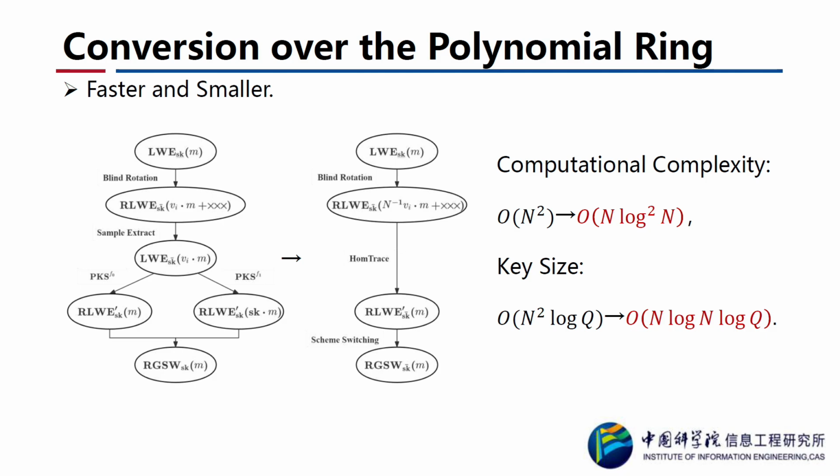As a result, the conversion over the polynomial ring can make the circuit bootstrapping faster and smaller. We can reduce the computational complexity of circuit bootstrapping from O(n²) to O(n log n²). And we can reduce the key size from O(n² log q) to O(n log n log q).